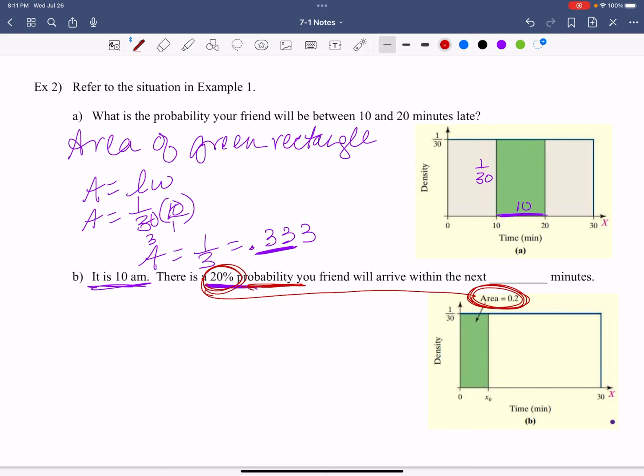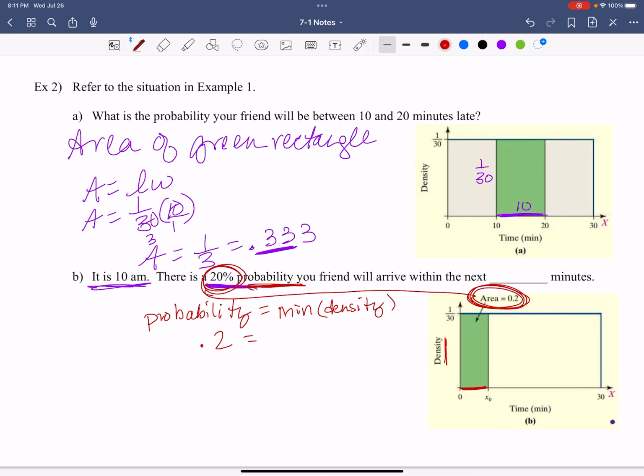So if this is a rectangle, I know that the probability is equal to my minutes times my density, because that is still my length times my width, right? Those are the values that we're looking at. So I know my probability, which is my area here, is 0.2.